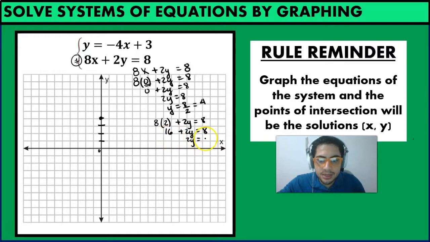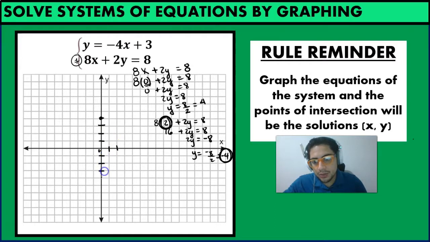So 8 minus 16 is minus 8. And then 2y is equal to minus 8, so y is equal to minus 8 divided by 2, which means that's minus 4. So that means, guys, that whenever the value of x is 2, the value of y is minus 4. Again, whenever x is 2, y is minus 1, minus 2, minus 3, minus 4. So there you have the first line, which is going to be this one. Now we have graphed successfully the second one there.